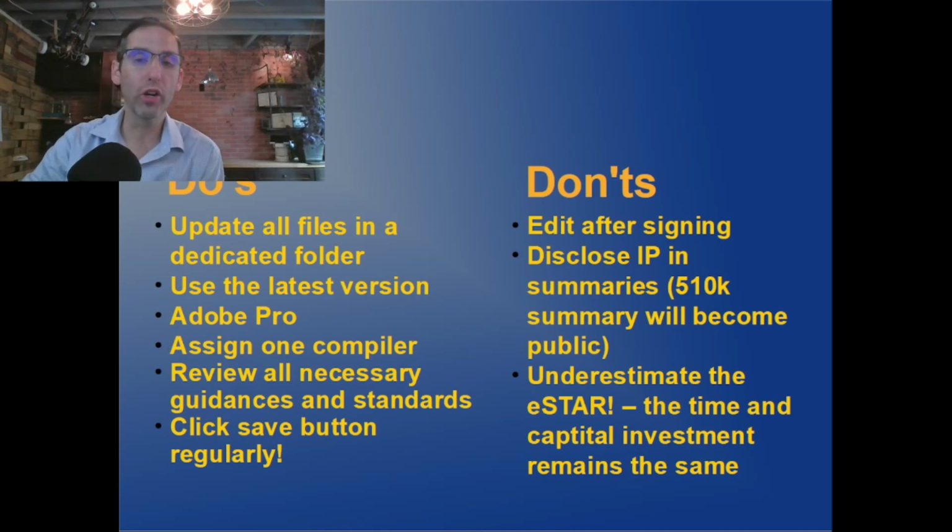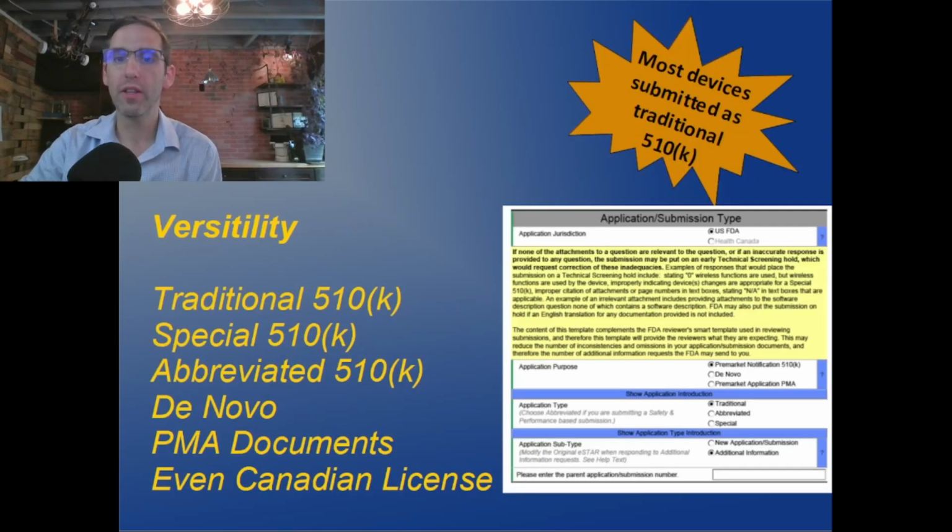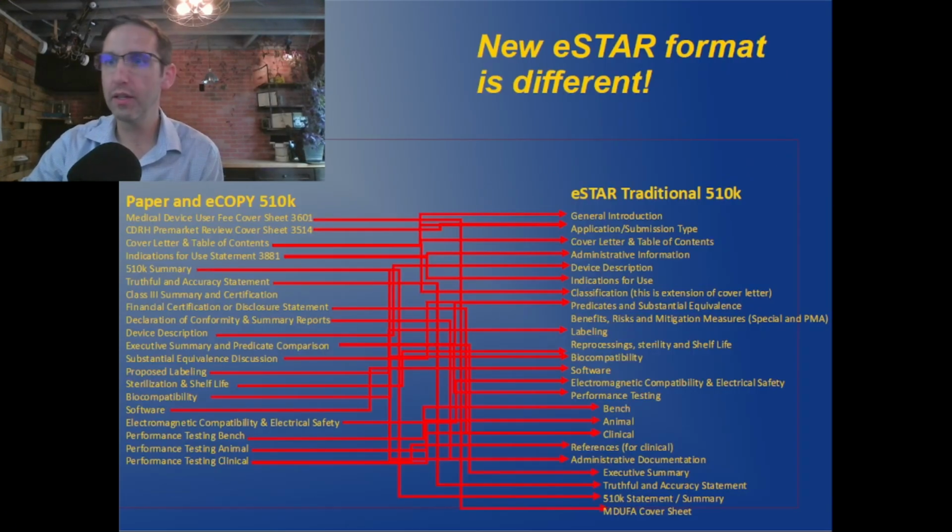And so I do want to go back to one slide earlier, because I think there's a crucial part of the eSTAR documentation that I didn't mention. And this one, right? So I talked about the organization. You want your documents to be organized in this way, eSTAR traditional 510K. Those arrows are intended to scare you.